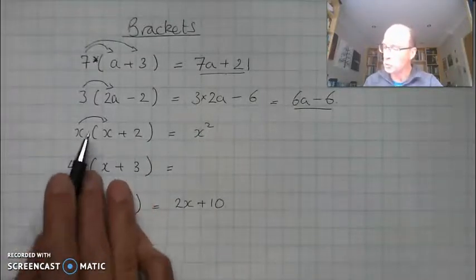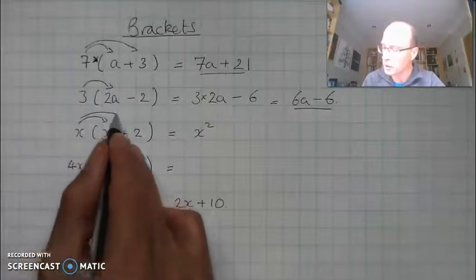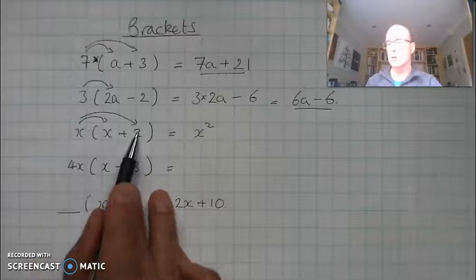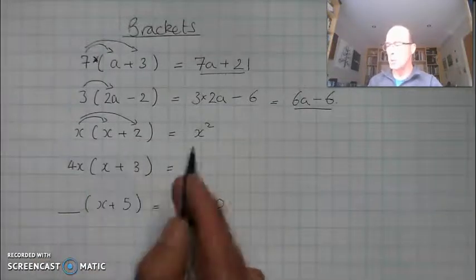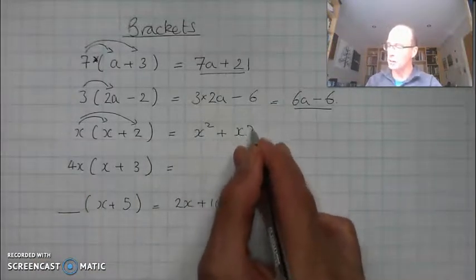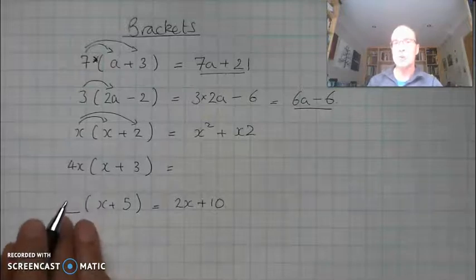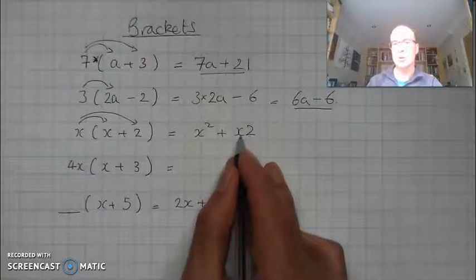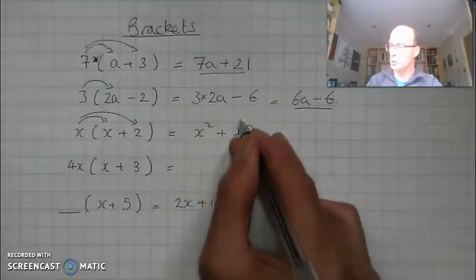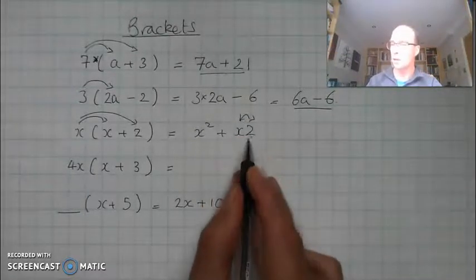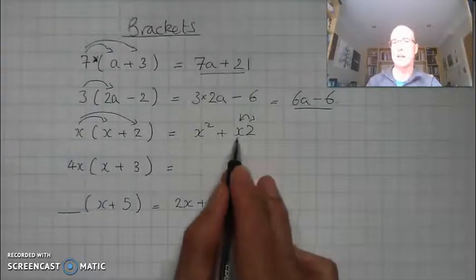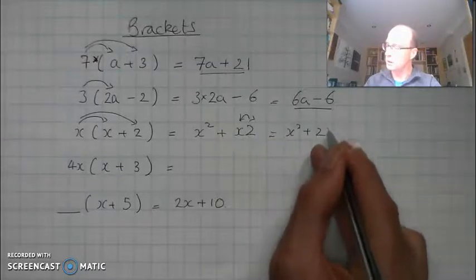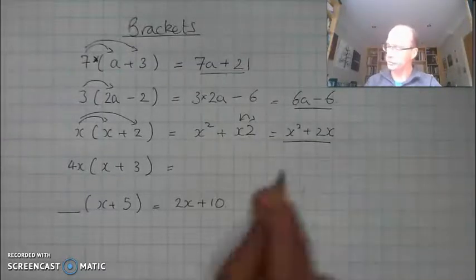And then I need to multiply my x by the second term in my bracket, so x times 2. That's going to give me, well, I could write it like this. But we don't do that in maths. We make sure we always write this 2 in front of my x. I want to swap those around. I want to write the number first and then the letter. So this is equal to x squared plus 2x.